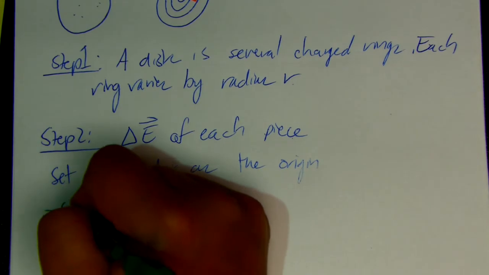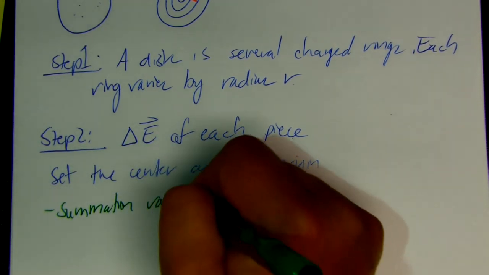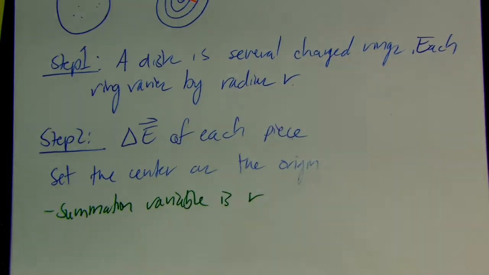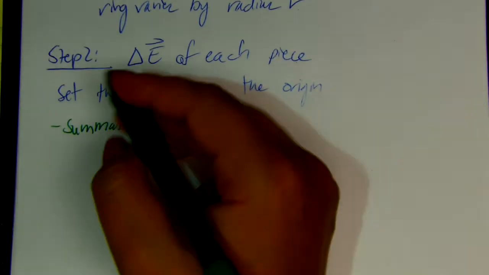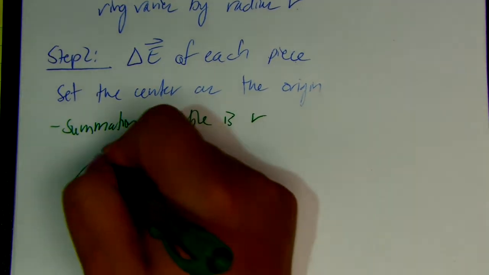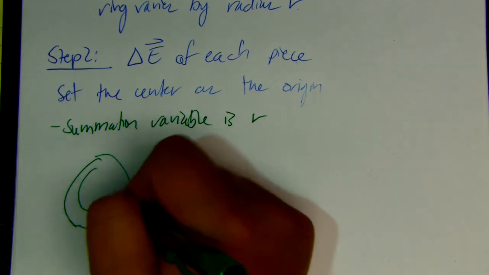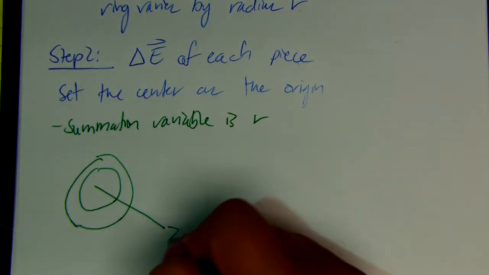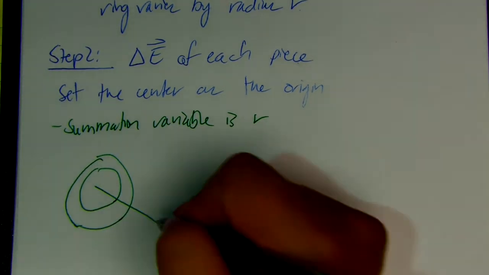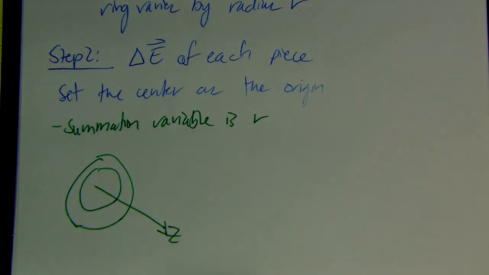So the summation variable is little r. Okay, so we need to think about where we're going to be observing. When we've got the rings, we know that the center of a ring is 0. So once again, we're looking at observing on Z, as you get further and further away on axis.